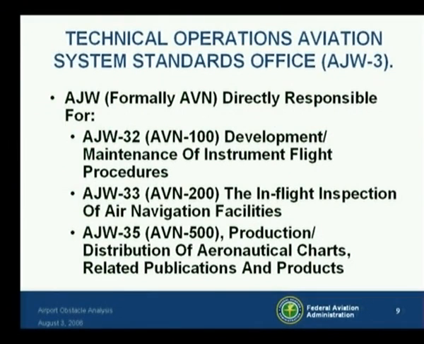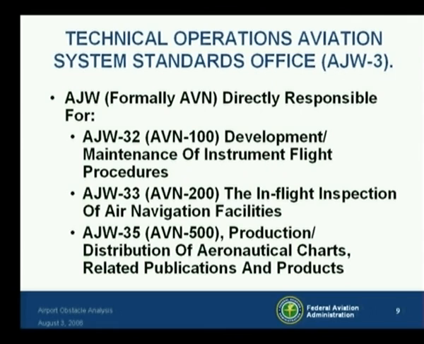Makes sense to me. But AJW is the principal element within Airway Facilities Service, which falls under the Air Traffic Organization, directly responsible for the in-flight inspection of air navigation facilities and for the development and maintenance of instrument flight procedures throughout the United States and its territories.